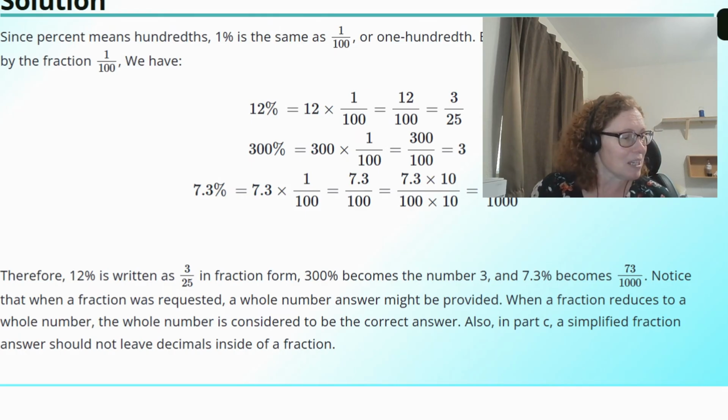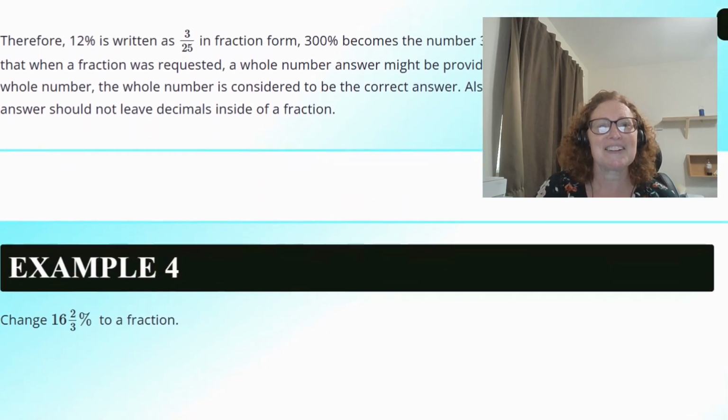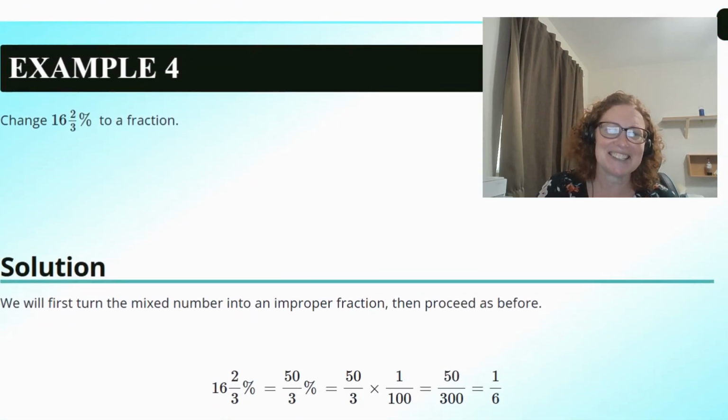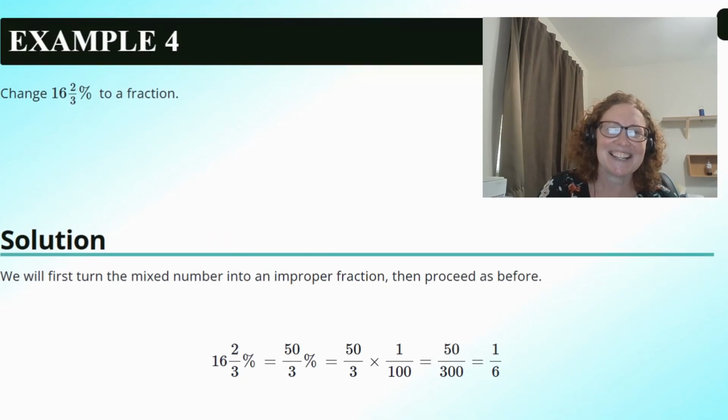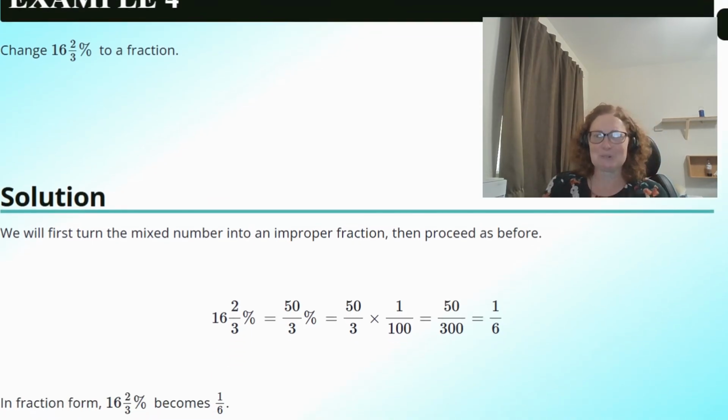Okay, here's another great one. So on this one, we're not changing to a decimal. And last time, remember when we changed to a decimal, we said we took the 2 divided by the 3 and got that answer and said 16 point, and I think it's 0.667, or 67, somewhere around there.